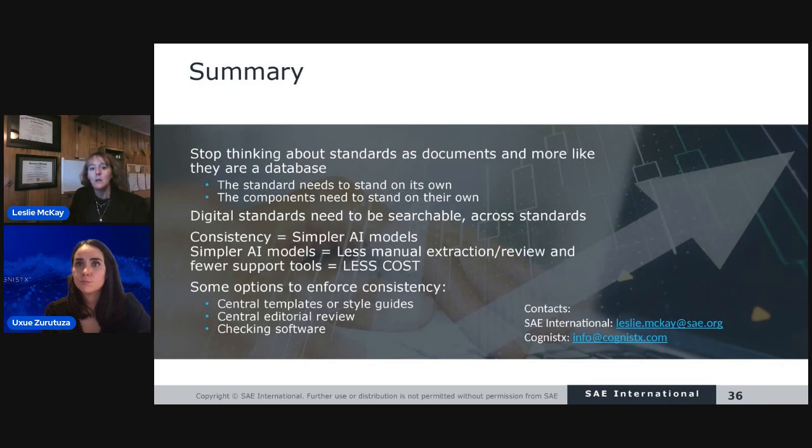So understanding those use cases and how the data is going to be interpreted really will help you understand better why standards will need to be written differently in the future.